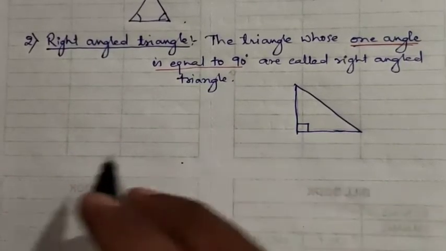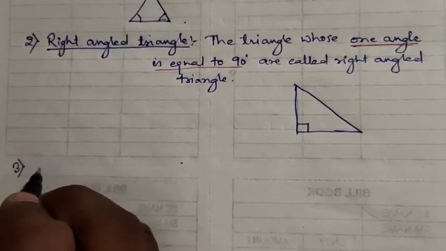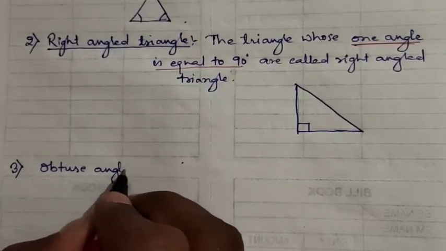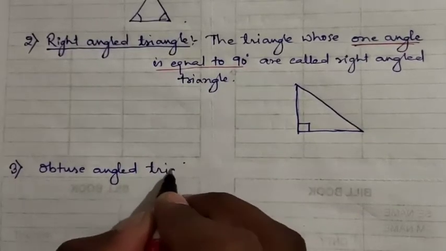that's why this triangle will be called a right angled triangle. Now the third type we are going to discuss, that is obtuse angle triangle.